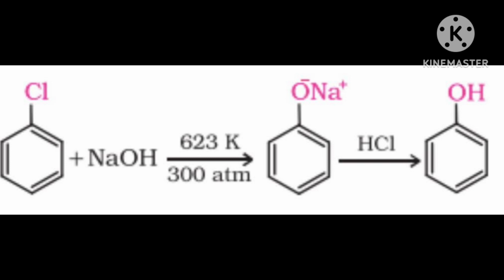Then O will join with carbon. In the beginning Cl was joining with carbon. Now NaO has come, then O will join with carbon and it will form ONa. Then O will have a negative charge, Na will have a positive charge.